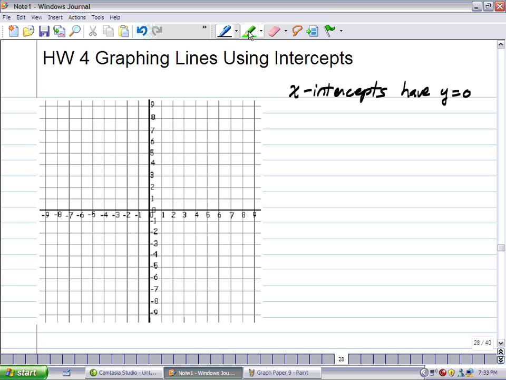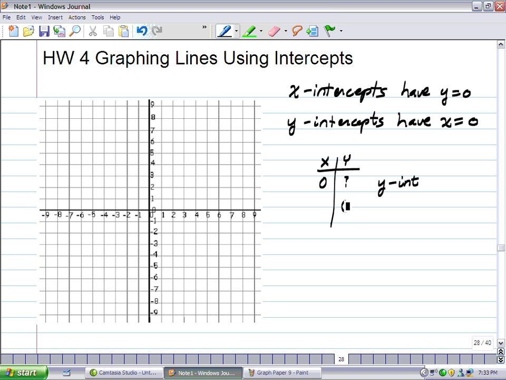And if it's on the y-axis, the vertical one, it's a y-intercept. And y-intercepts have x equal to 0. So we can replace x with 0, and that will give us our y-intercept.